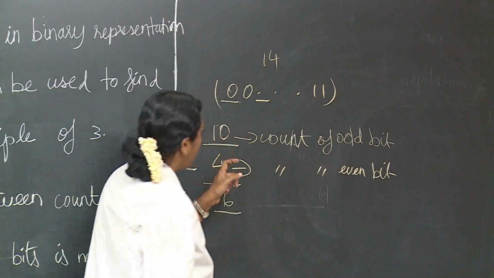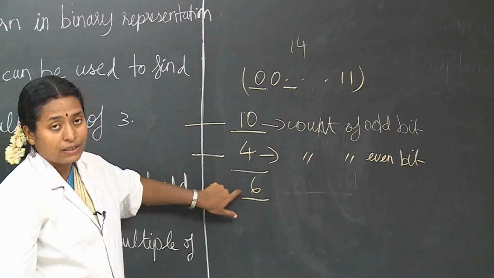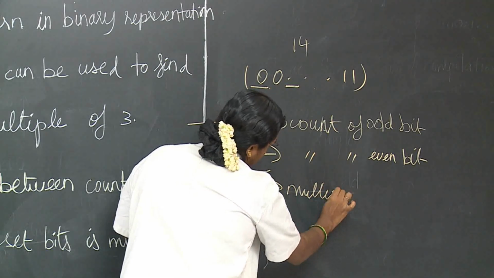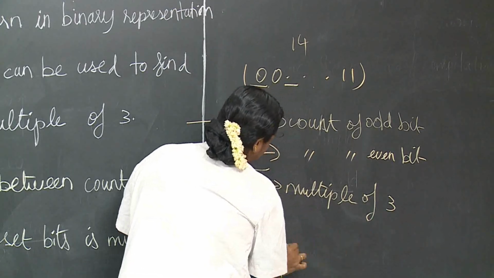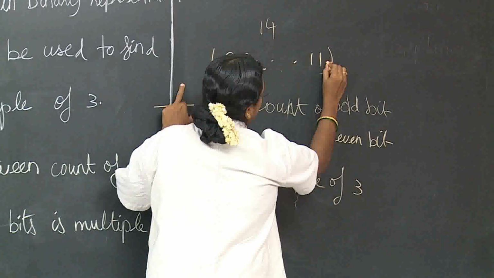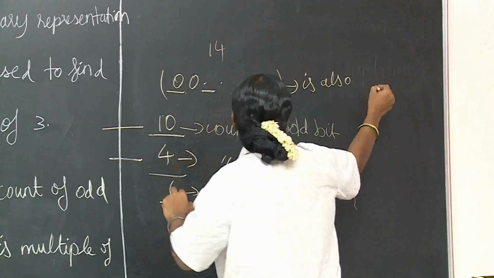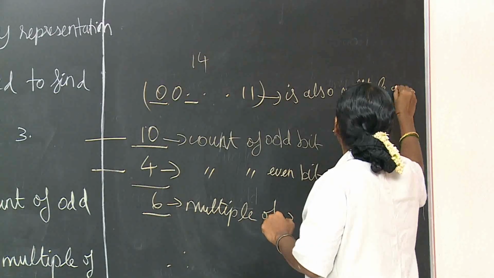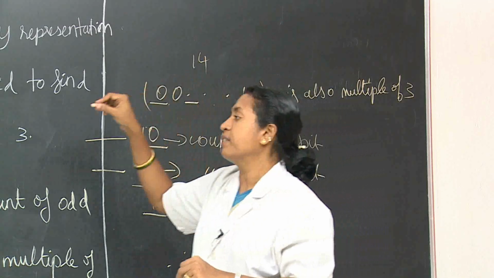So the difference of the count of odd bits and even bits is 6, which is a multiple of 3. Therefore, the binary number is also a multiple of 3. Based on this, now we can find the solution.